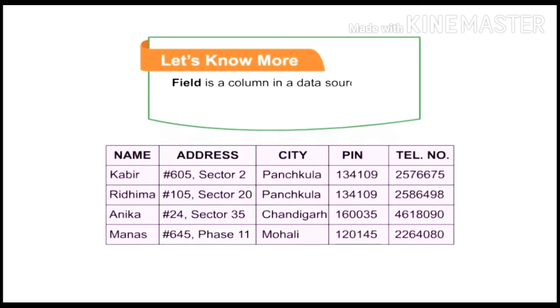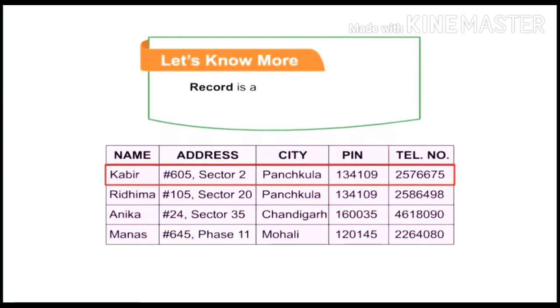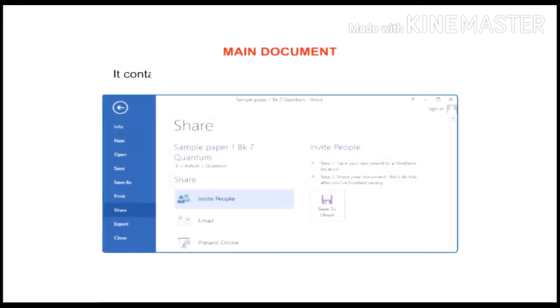Field is a column in a data source that contains one type of information, example, name, address, city, etc. Record is a row on a data sheet. Number of fields make one record. What is main document?